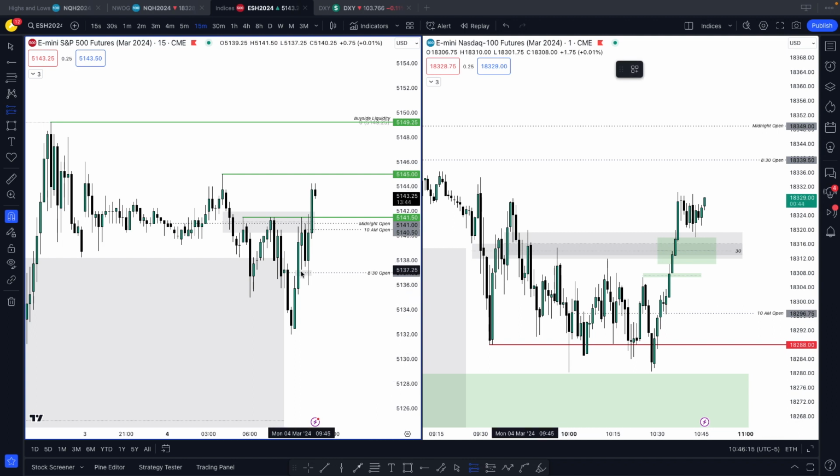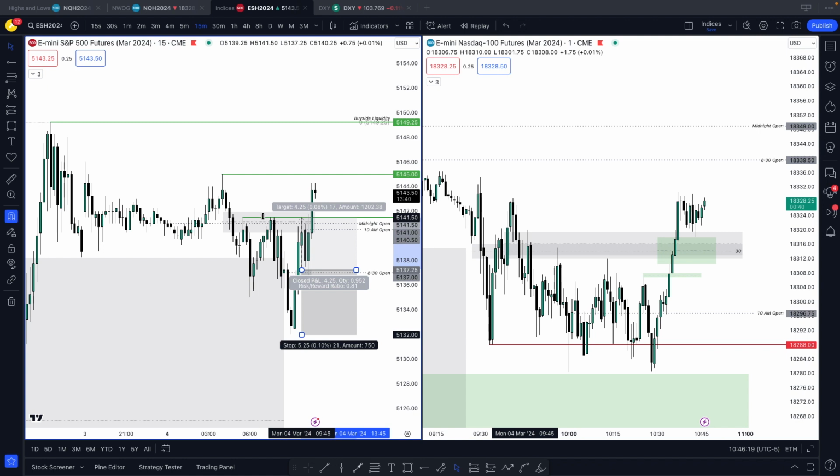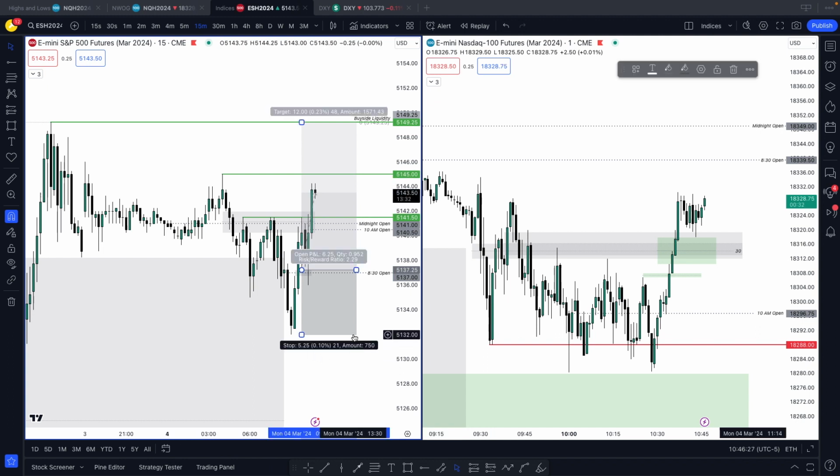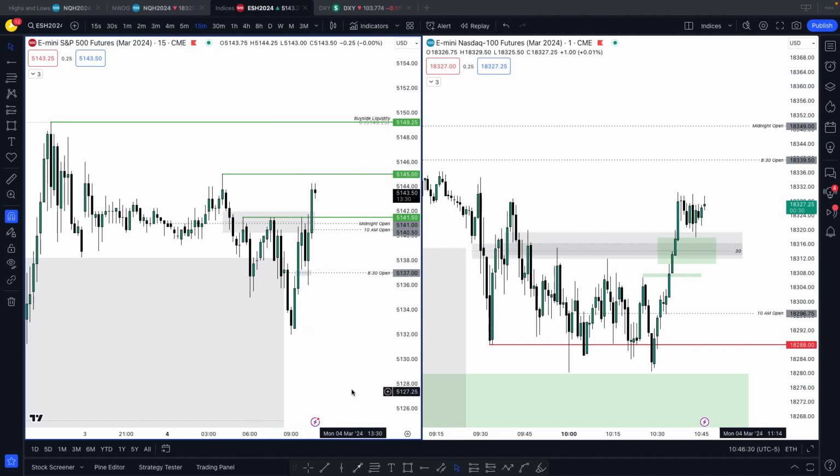So that would look like that. Target these highs, and then target these highs. All in line with the higher time frame bias that we got from the monthly, weekly, daily charts.